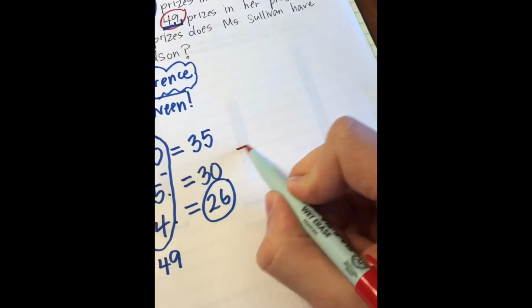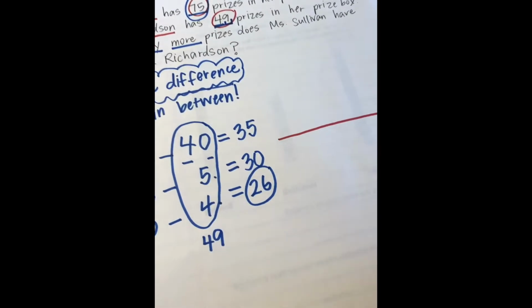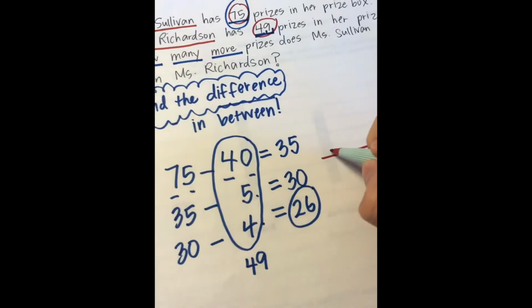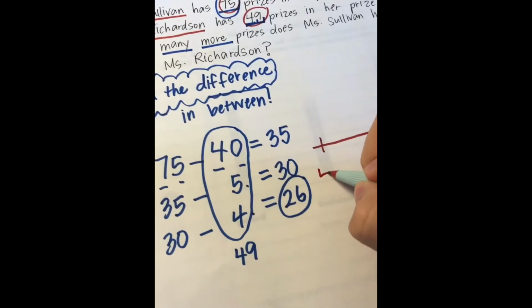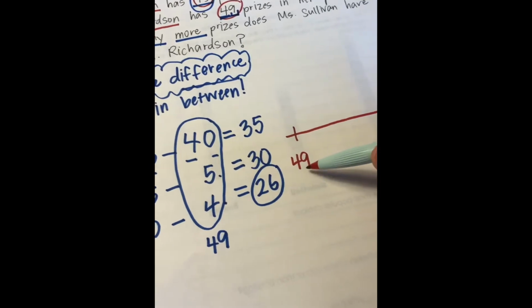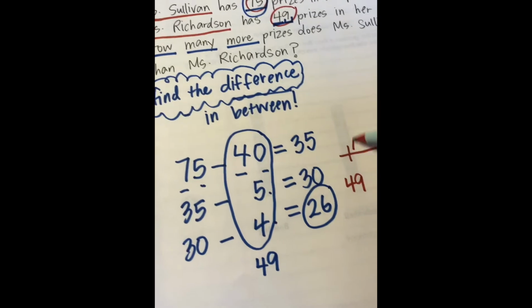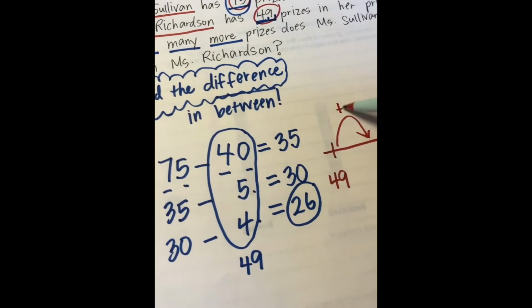We've also been using a number line a lot to help us solve problems. Because we're finding the difference, what's in between the two numbers, we can also start with the smaller number and count on to get to the bigger number. So if we start with the number line at the number 49, we can first add a 10.